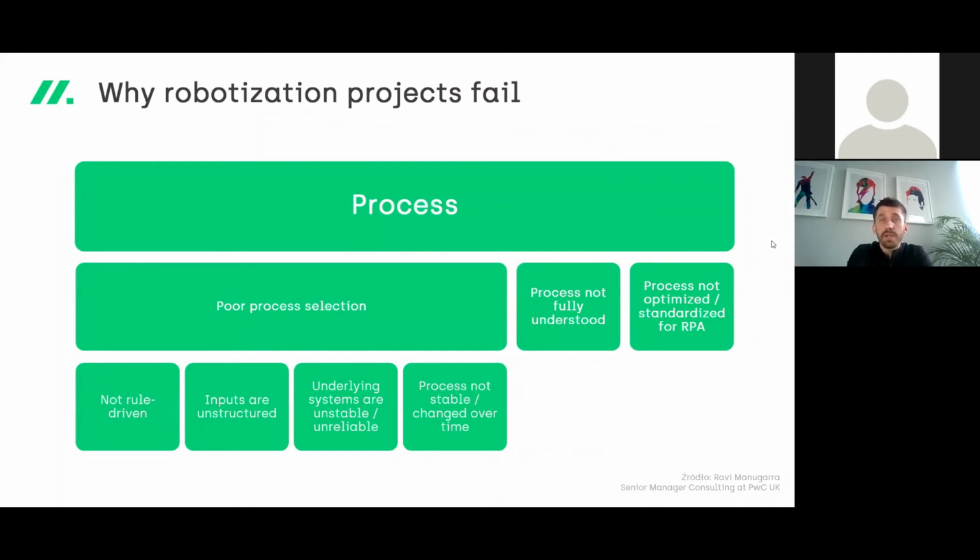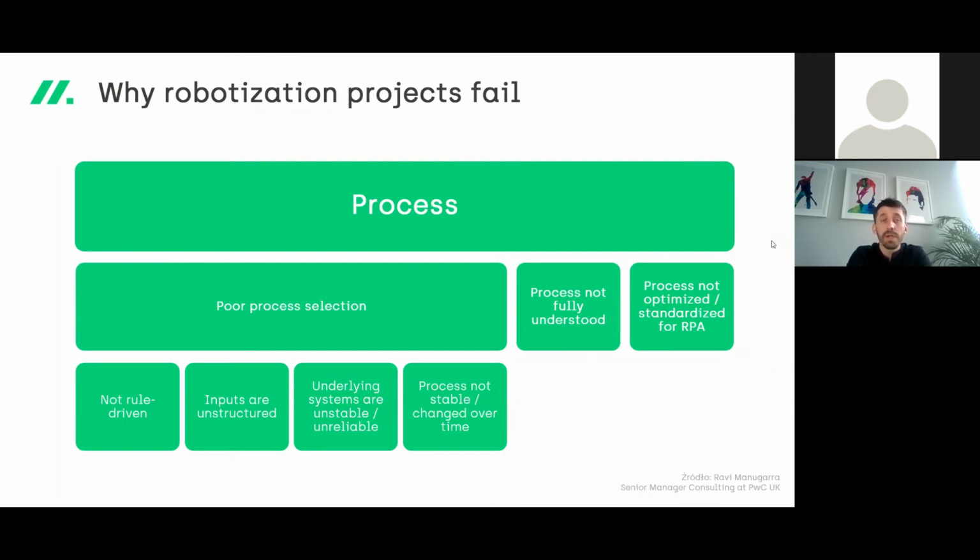Now I'd like to tell you a couple of things about why robotization projects fail. We will consider four elements. The first thing is process. So what can go wrong?